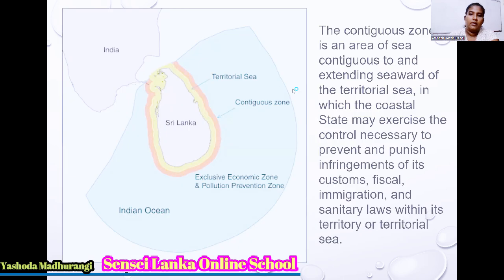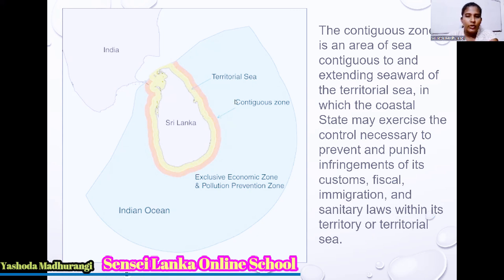Then I told you about contiguous zone. It is an area of sea contiguous to and extending seawards the territorial sea, in which the coastal state may exercise the control necessary to prevent and punish infringements of its customs, fiscal, immigration, and sanitary laws within its territory or territorial sea.